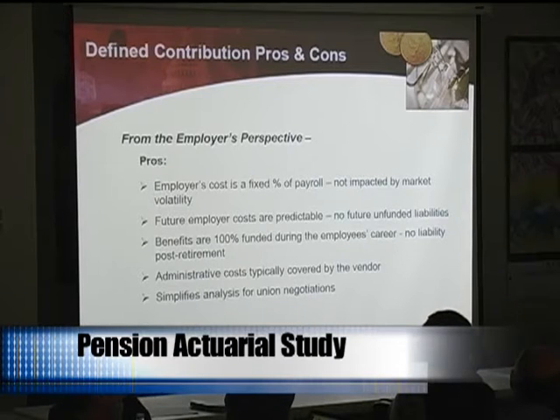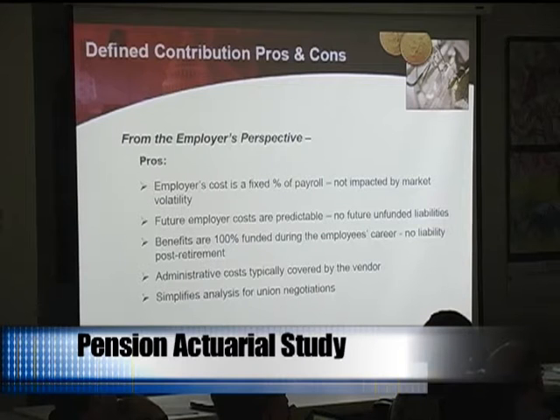Defined contribution plan: the employer's cost is a fixed percentage of payroll. Now, it may be higher than the defined benefit plan if the market is going up and the investment returns would take care of some of the contribution, or it may be lower. But the key here is it's fixed. You know what it's going to be. You can budget it every year for the next 10 years.